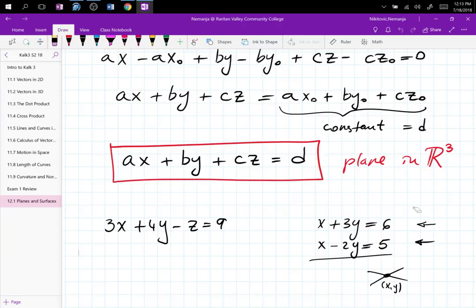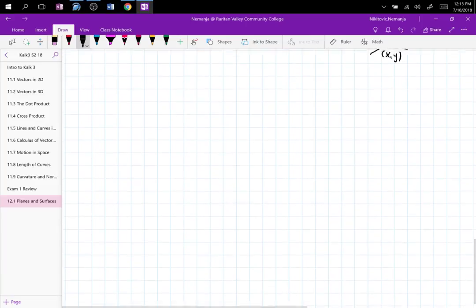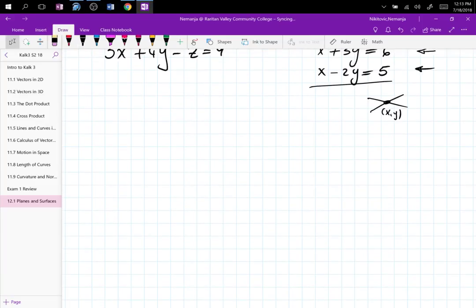So the equation of the plane is something that you have seen before. It was not defined as the equation of the plane, but you have worked with it. So now, if I want to think about whether the planes intersect or not, all I need to do is solve the system of equations.